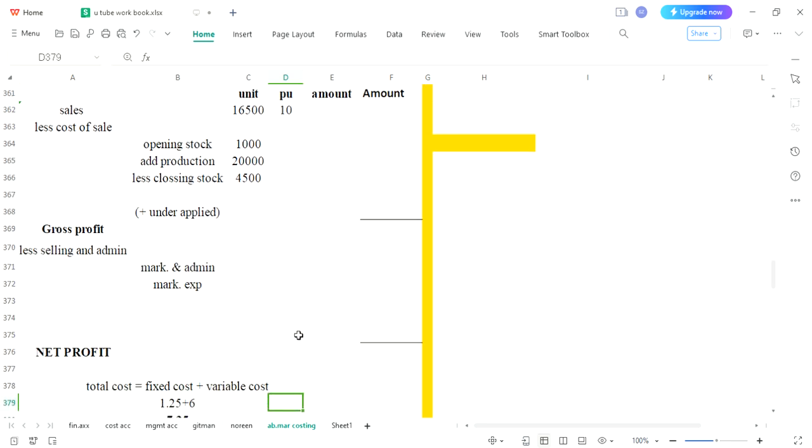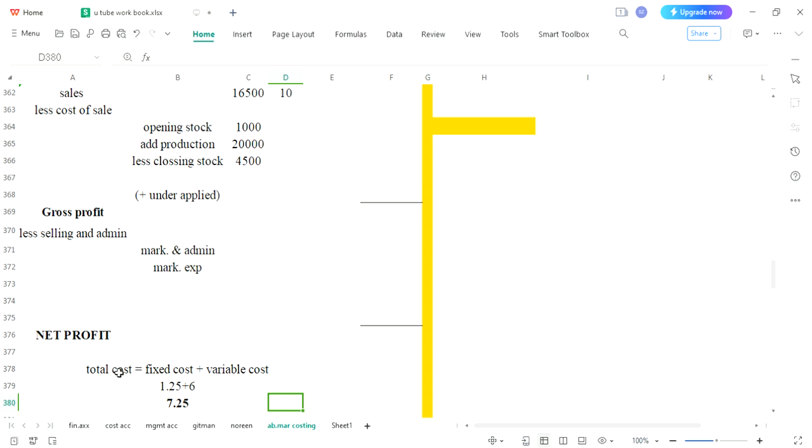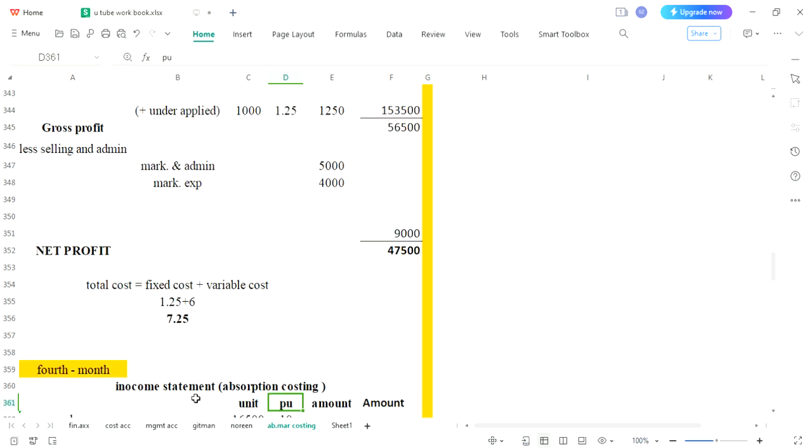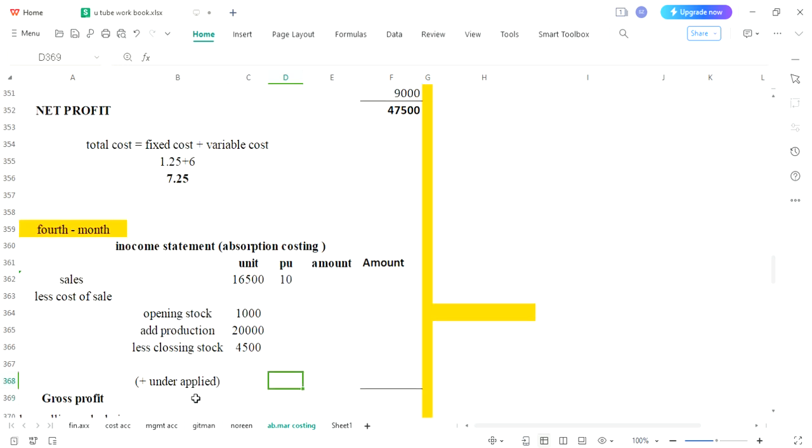As you know that total cost can be calculated by adding fixed and variable. This was mentioned in question 7.25. This is 4th time we are writing the same per unit cost. So 7.25 over here, and same per unit cost would be present over here.